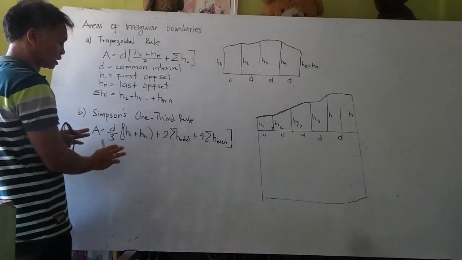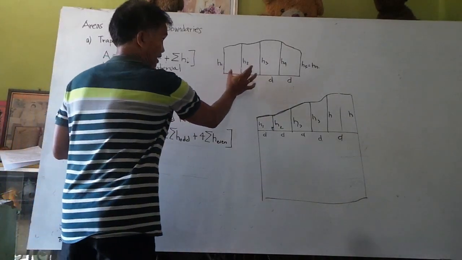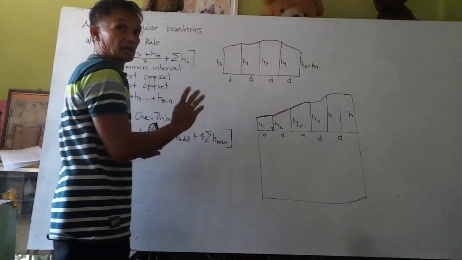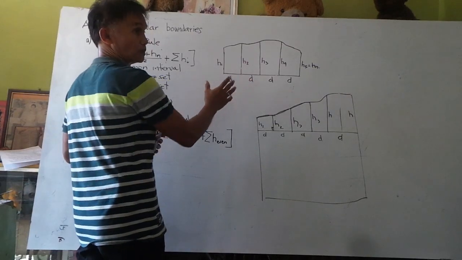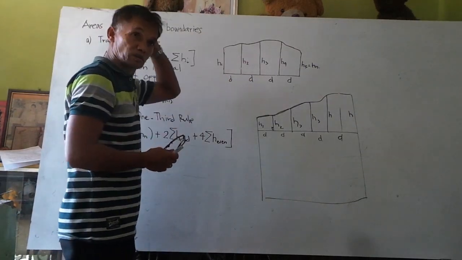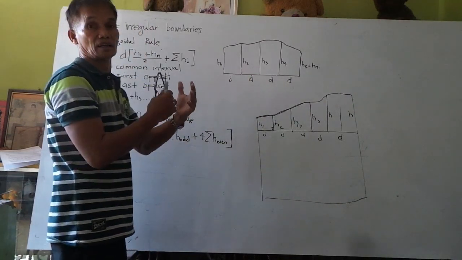In the Simpson one-third rule, take note this is only applicable if you have an even number of intervals.